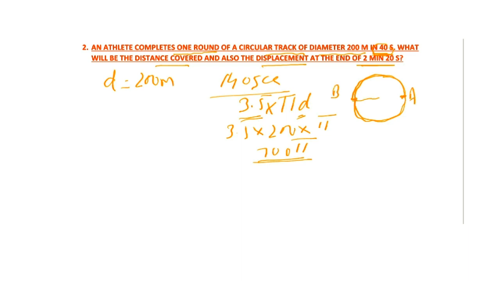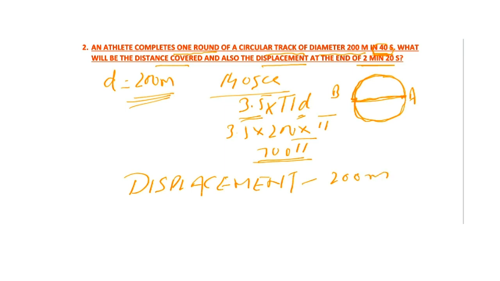The shortest path is the diameter of the circle, and the diameter is 200 meter. So the displacement in this question becomes 200 meter, but the distance is 700 pi meter.